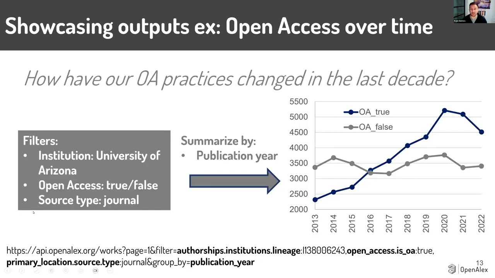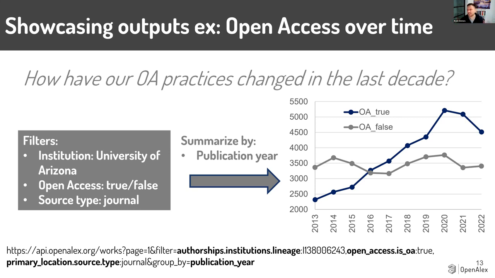That last one I mentioned, which is the open access over time. This is a graph that I'm seeing more and more institutions doing, particularly in the library. So how has our open access practices changed over the last decade? I chose as an institution, University of Arizona. You'll see that I used an open access filter. I did separate analyses, one with true and one with false.